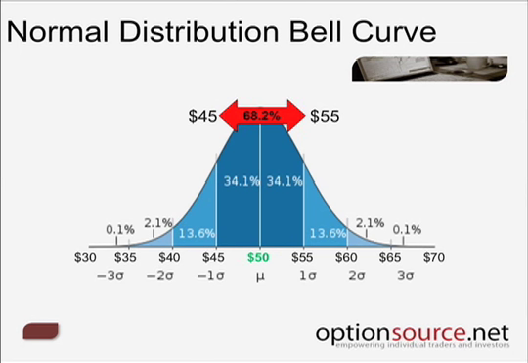And the idea is that because there is a relatively high probability that the security is going to remain in this range between now and expiration, the options will be priced accordingly to ensure that when the market maker has to assume the other side of the trade and take on that risk, they're getting paid to take on that risk.